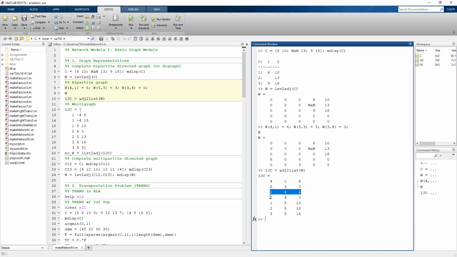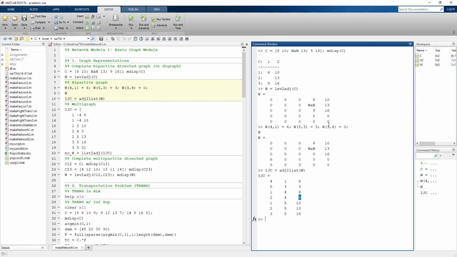Also, from 2 to 4, which is our directed arc that has a 0 cost, that is actually represented as a value of 0 in the arc list. So the not a number that we had put originally up here in the adjacency matrix now is carried over into the arc list representation as a 0 value, which is, from the application point of view, what we want it to do.